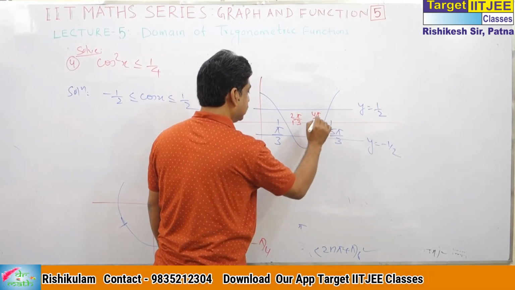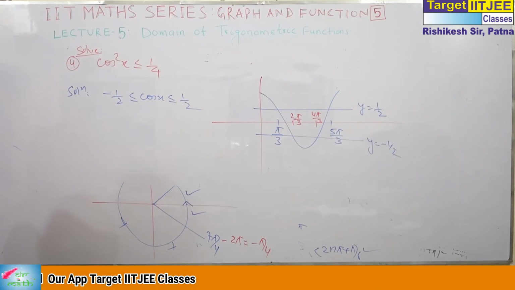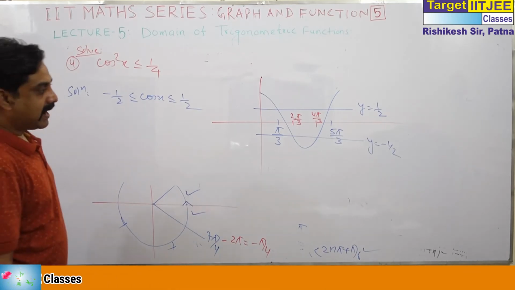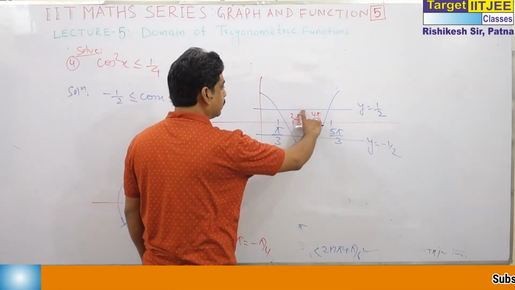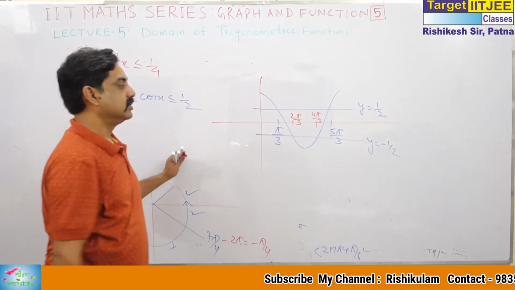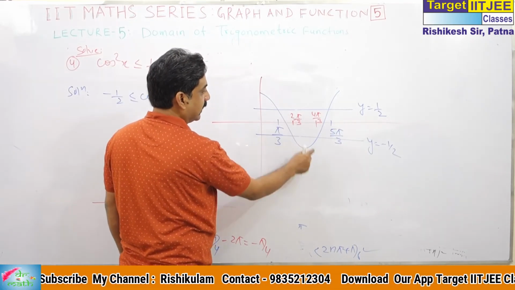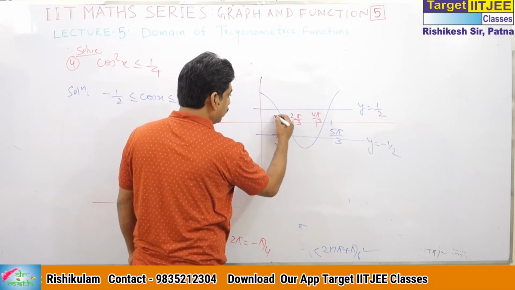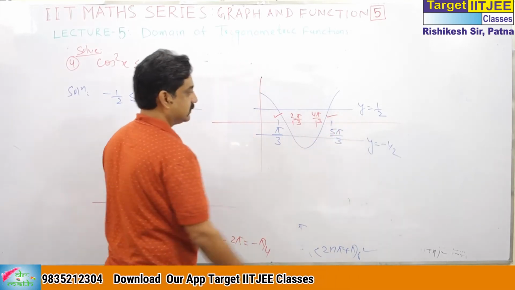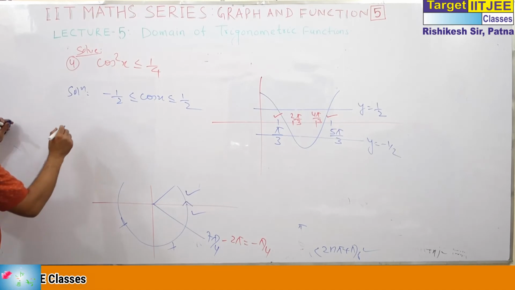What will be the part of the answer? Minus 1 by 2 to 1 by 2, this portion. You can see between this portion the graph lies from minus 1 by 2 to 1 by 2. So we have to take this portion and this portion. What will be the answer?